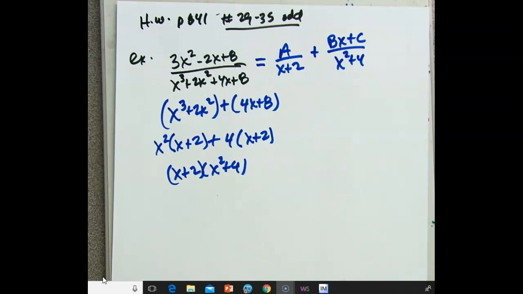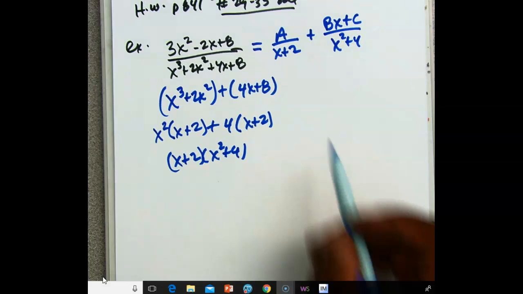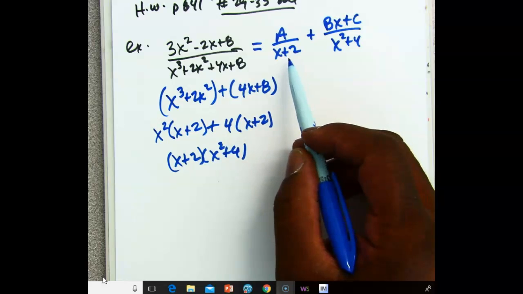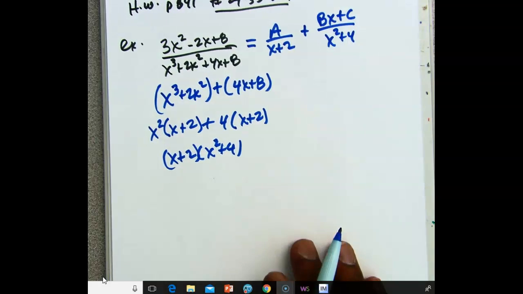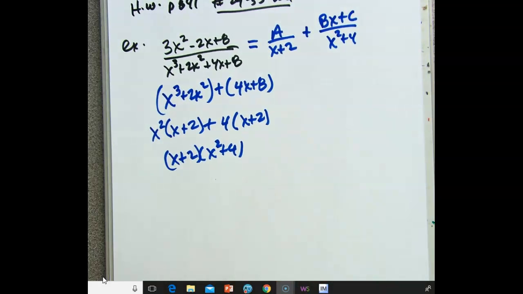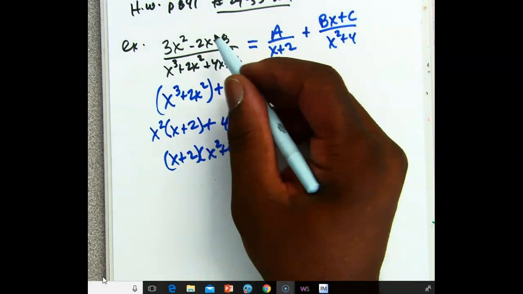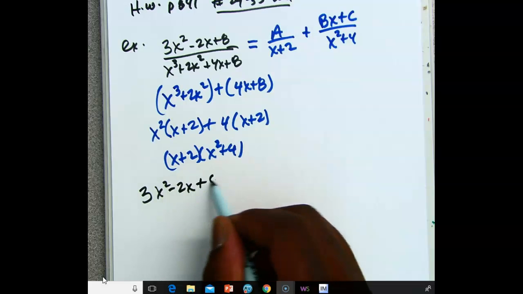Okay? So now, we're going to multiply both sides by our LCD, which is x plus 2 times x squared plus 4. And on the left-hand side, when we do that, we're going to be left with 3x squared minus 2x plus 8.